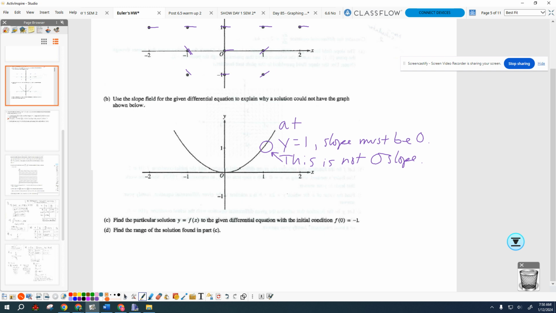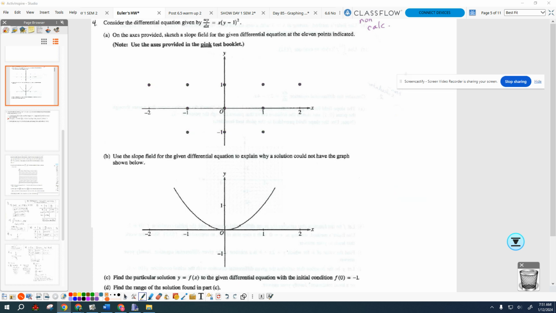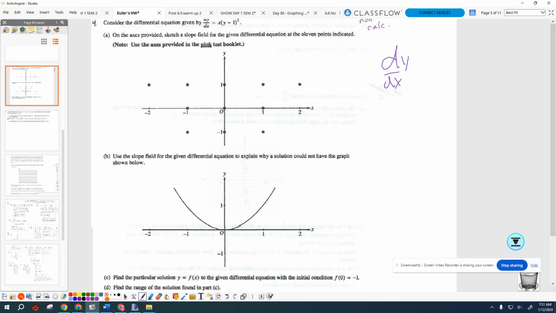Okay. To answer part D, we need to do part C. Find the particular solution. They are asking us to integrate this. dy/dx equals x times (y minus 1) squared. How do I integrate this side?